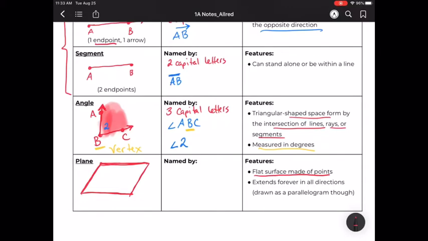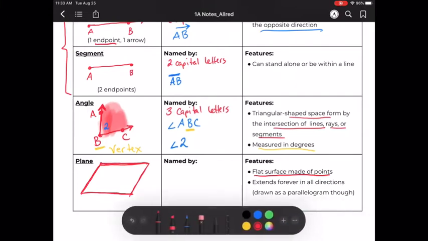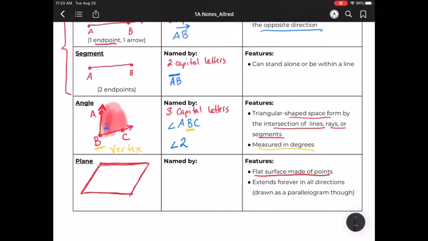Now, we have to assign some more values to it. There's 2 ways you can name a plane. The easiest way, the shortest way, is by giving it a capital script letter. So I'm going to call that R, like a kind of curvy or cursive capital letter R. And so I would call that plane R. Or you could use 3 non-collinear points.